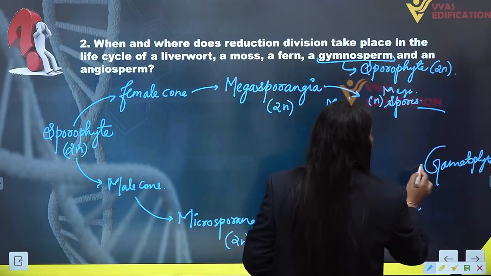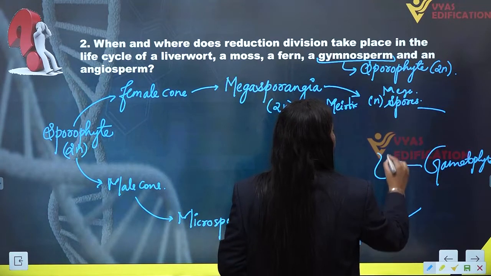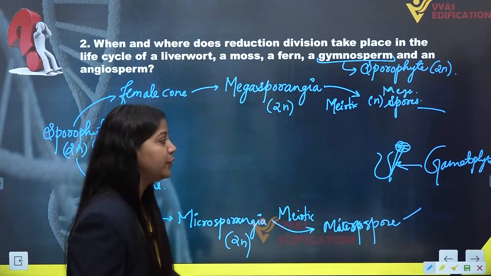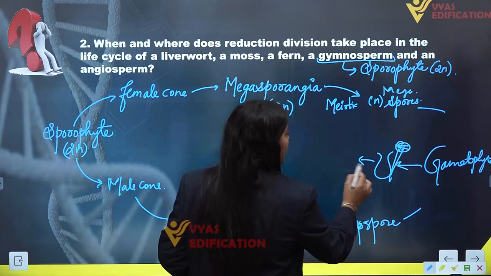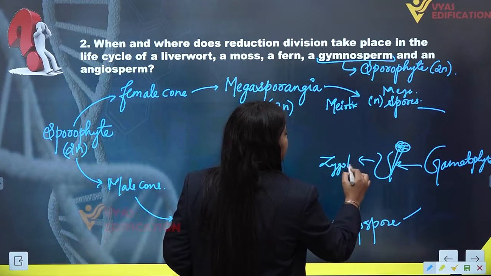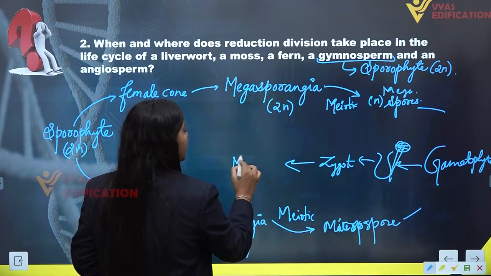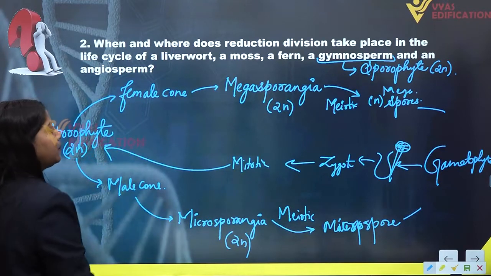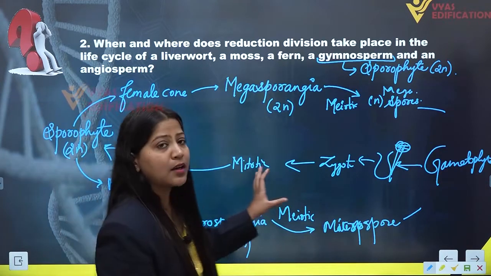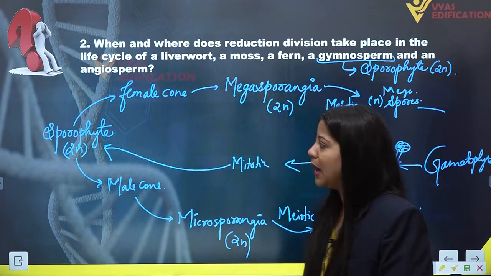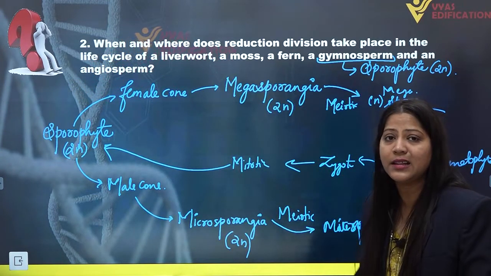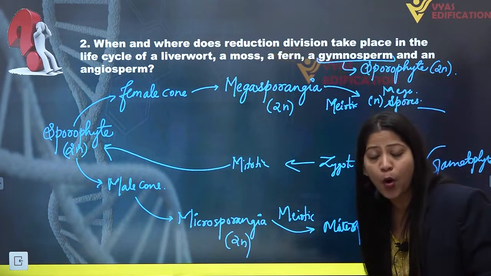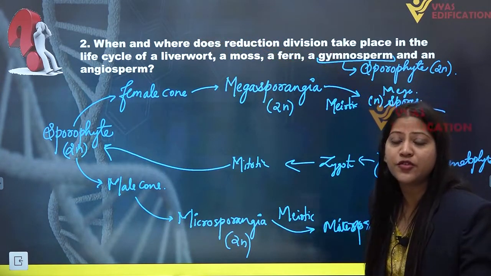The gametophyte will develop archegonium and antheridium, in which the gametes are going to be formed, and then the zygote will develop. Then this zygote will undergo mitotic divisions and give rise to a sporophytic plant body again. So this is the complete life cycle of a gymnospermic plant, and what we have seen is that at the time of formation of spores only, the reductional division takes place.